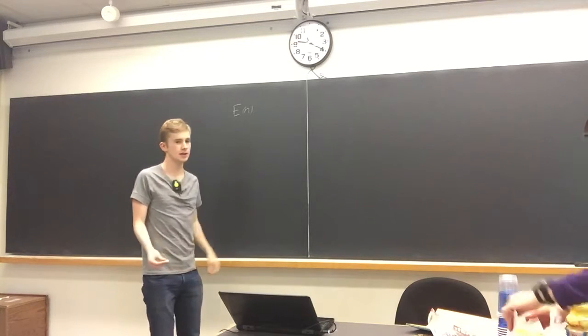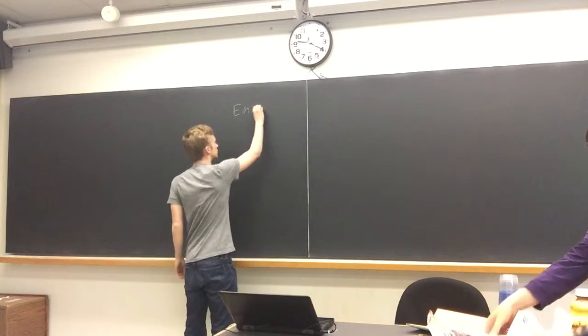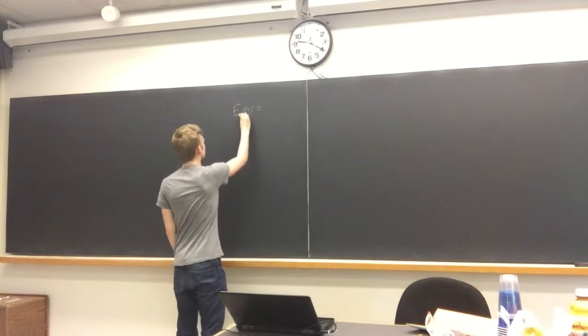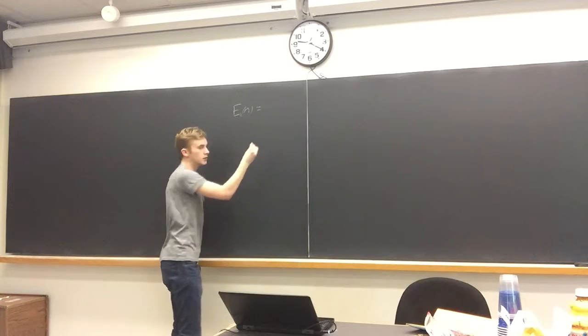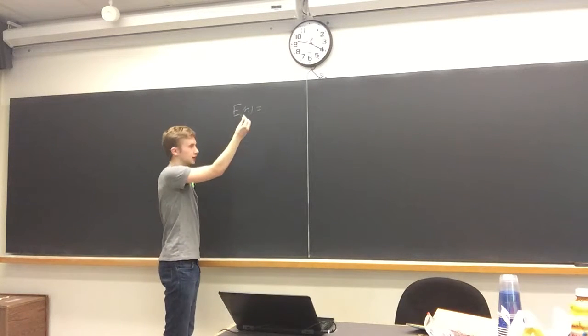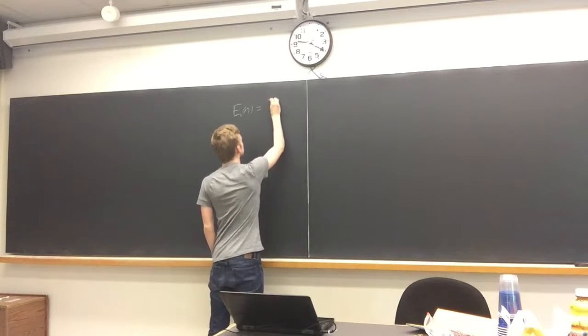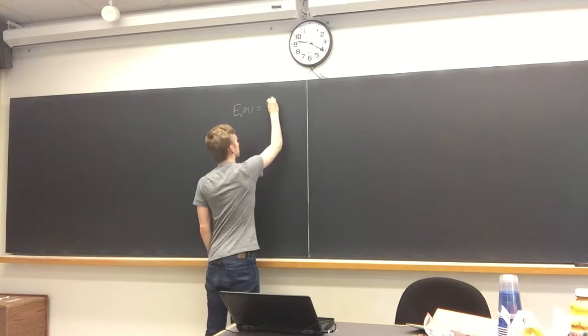So let's say E of n equals, or we could do a little subscript k, where k is the number of eggs and n is the number of stories. I'll make it big.